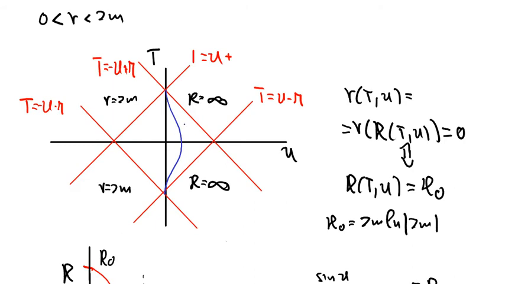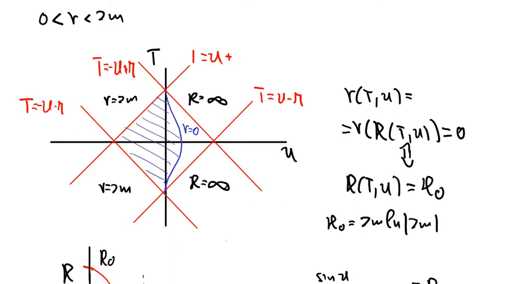This is just small r equal to 0, right? So since this is r equal to 2m and this is small r equal to 0, our space-time is now represented by this compact region.